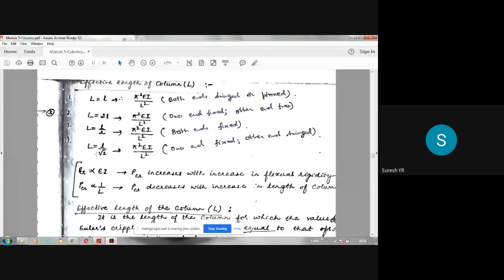Now lastly, you have one end fixed and other end hinged condition. We are going to get capital L is equal to 2 into small l.